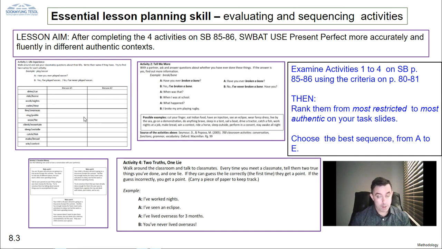All right. By the way, if you struggle with this activity, think about this. How much of the language that's being used by the students is provided right here in the activity? Just think about that. Okay? If the language that they're going to use is almost entirely coming from the activity, in other words, they don't have freedom to use other language, other words, other grammar, then that would be what we call a very restricted activity, right?